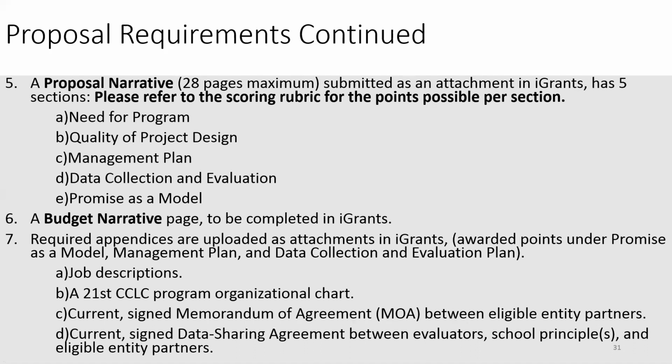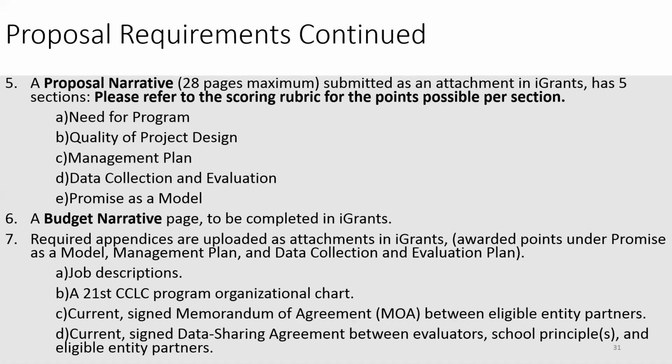This year, if it is not separate, we've been a little bit lax about it in the last few years. If it was clearly outlined in the MOA, we would really like a separate data sharing agreement. And it needs to be specific about what kinds of data will be required.